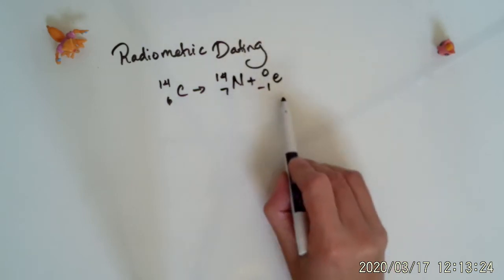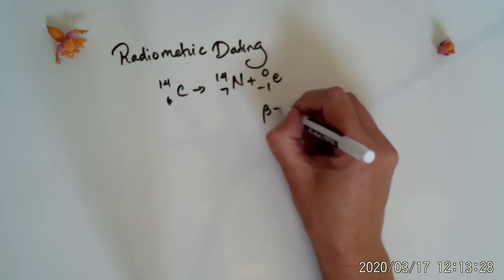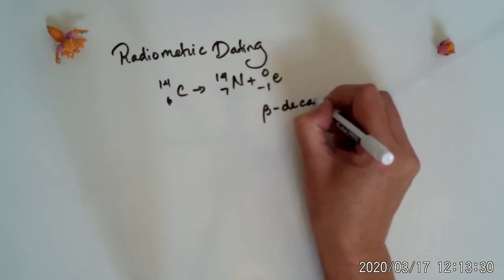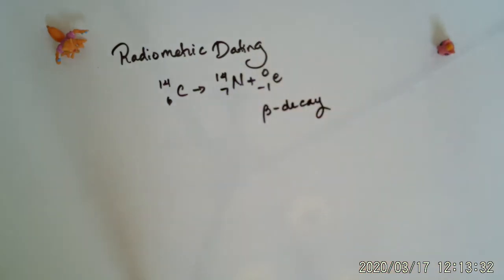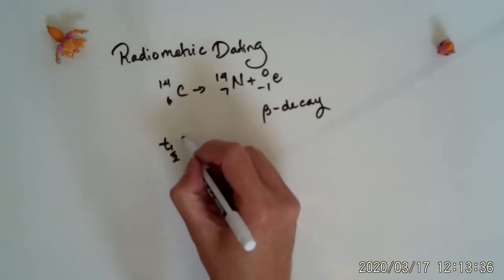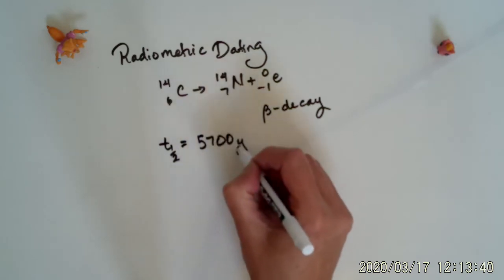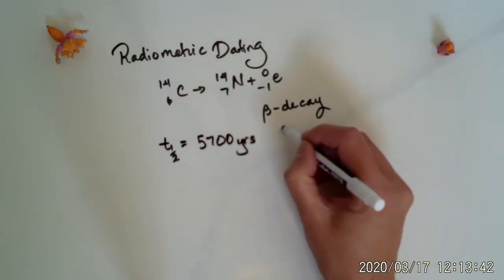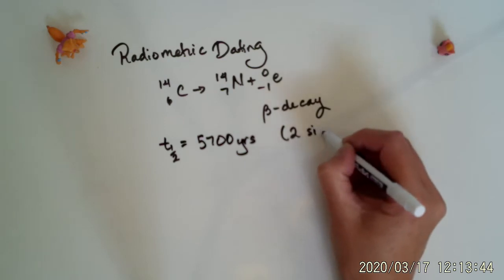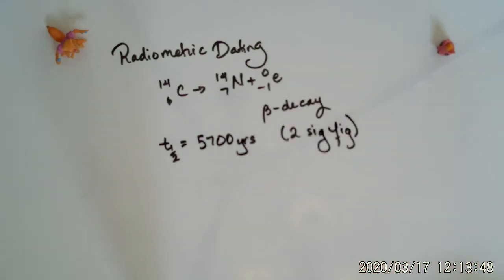It's the beta decay. And the half-life is basically 5,700 years. This is 2 significant figures.